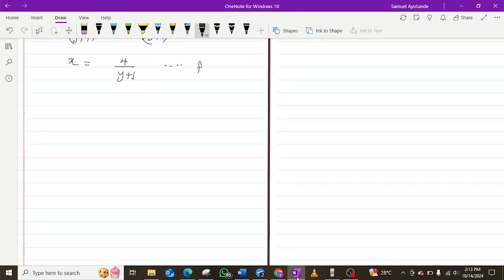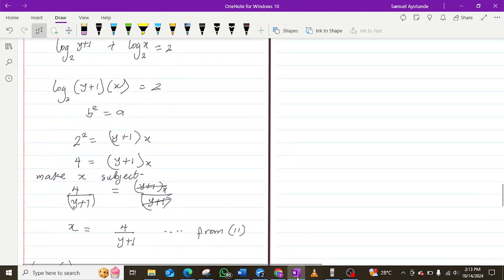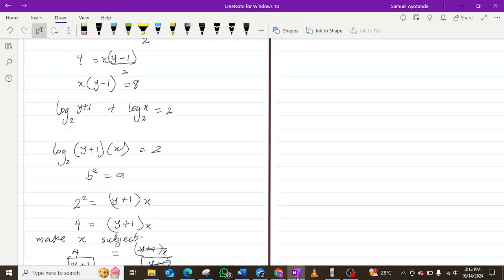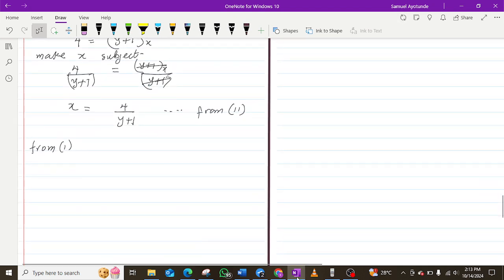From equation 1, we had 8 is equal to x in bracket (y minus 1). So I can also make x the subject from here by dividing both sides by y minus 1.